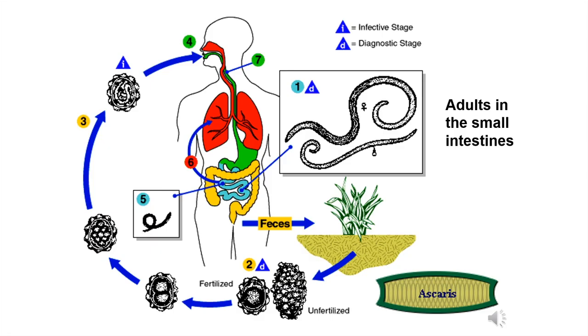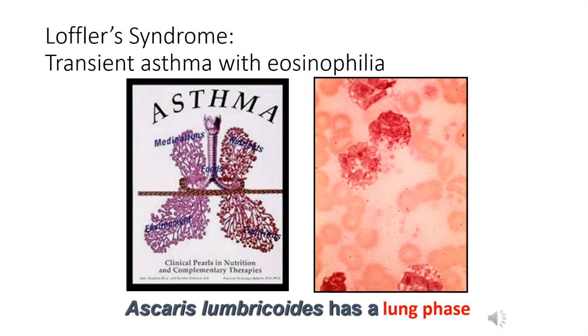That is, during its development, it passes through the lungs for a day or 2 maybe. During that time, it will produce a transient asthma-like picture, with eosinophilia. If you take a blood test, you may find eosinophils, and that would correspond to Loeffler's syndrome, characterized by transient asthma and eosinophilia, like you see here.